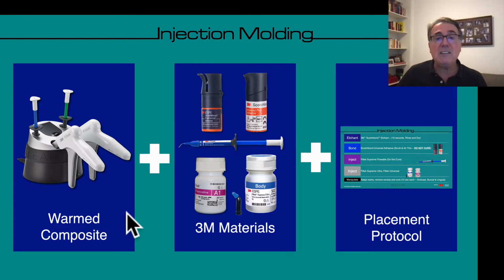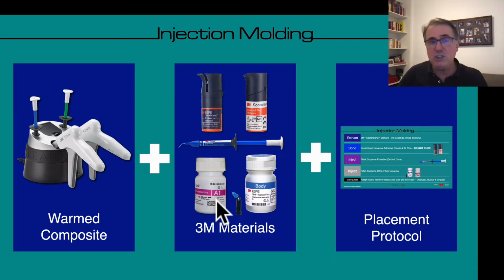And 3M has the body shades from the Filtek Supreme Ultra, and they also have the Filtek Universal restorative material. The Filtek Universal is a simplified shade composite. You don't have the dentin and enamel.